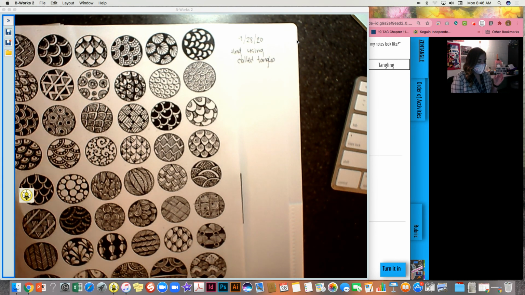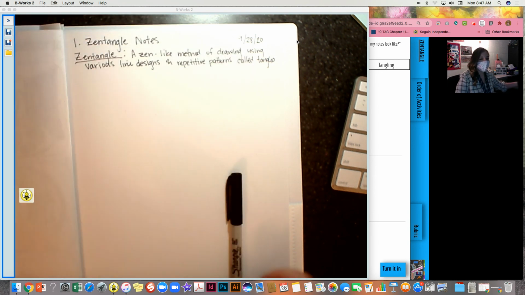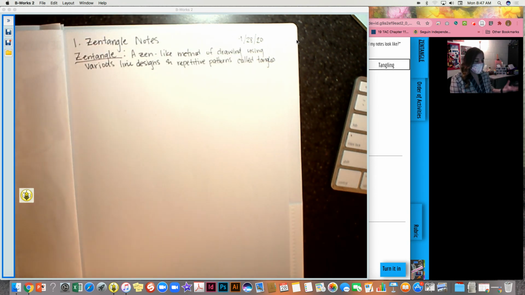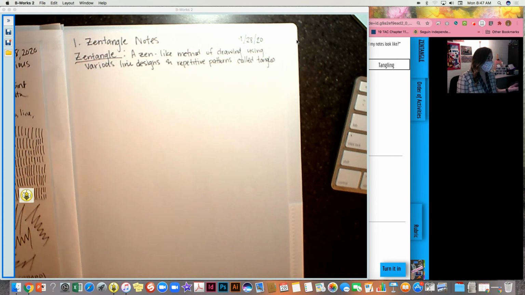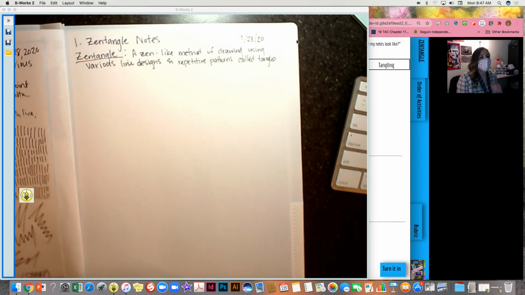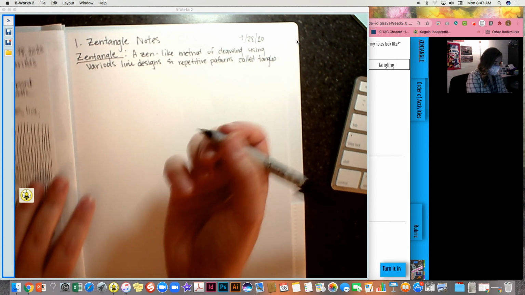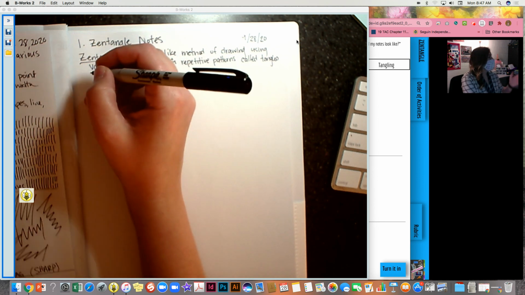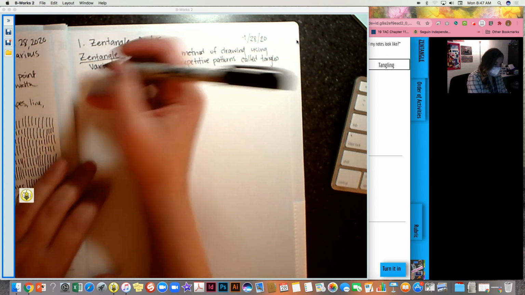And the whole point is that you're using your problem-solving skills and you're using this idea of flow when you draw that puts you in like this hypnotic state. Okay, it's really good for improving your fine motor skills. It's really good for critical thinking and problem solving, and it's just very confidence building. It's almost like doodling, except that it's called Zentangle.